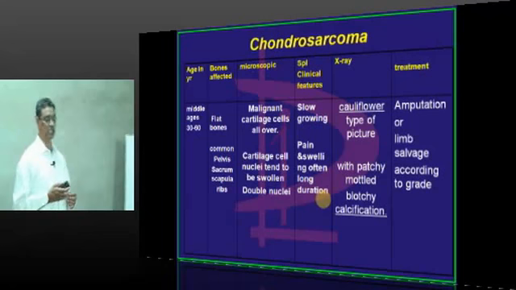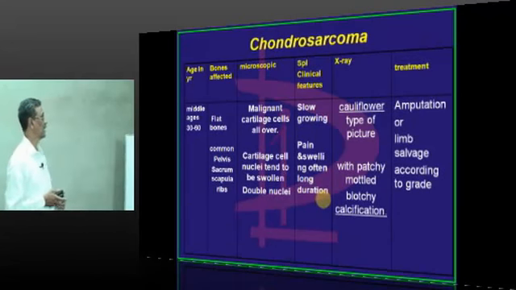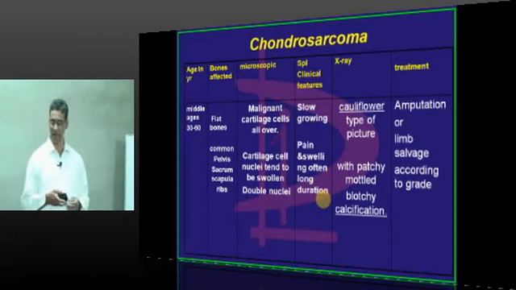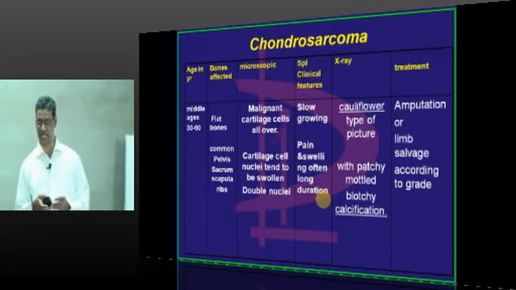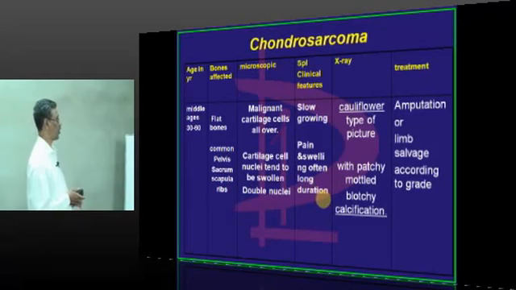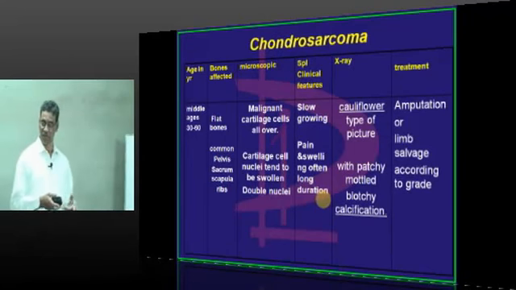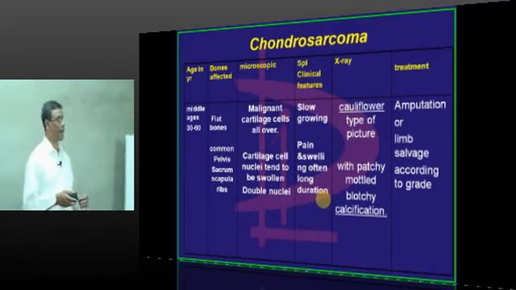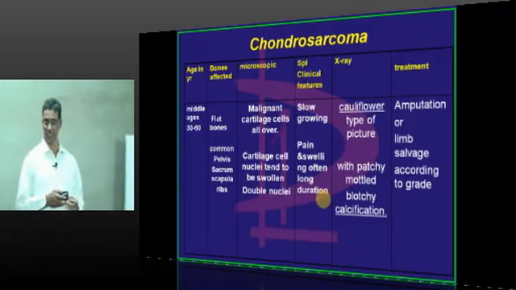The special clinical feature is that it is very slowly growing when compared with osteosarcoma. Osteosarcoma is a rapidly progressing, destructive tumor. This is a slow growing tumor and often takes a long duration, whereas in osteosarcoma there is pain, followed by swelling. The X-ray appearance is a typical cauliflower-like picture, with patchy, mottled, blotchy calcification.